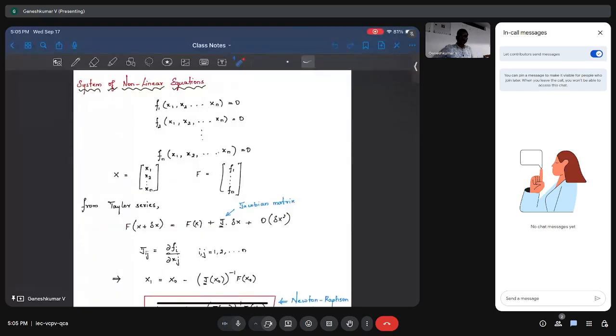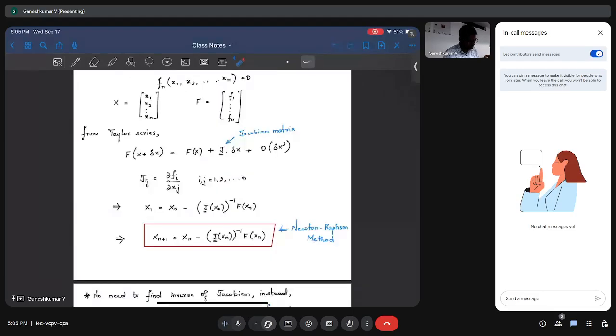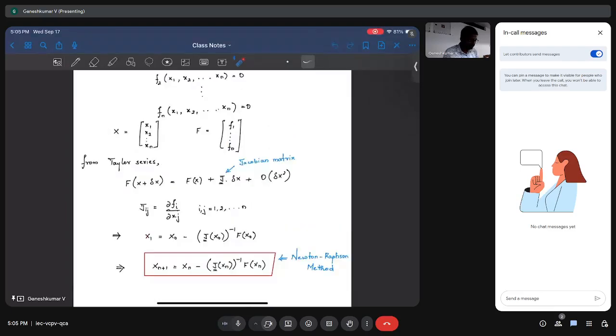Now if we have a system of nonlinear equations, if we have multiple nonlinear equations which we need to solve together, like the system of linear equations we had, now we have a system of nonlinear equations. If that is the case, then again you can do a Newton-Raphson method, but to do that you need something called the Jacobian matrix, which you can express as dou fi by dou xj, where fi is the ith function and xj is the jth unknown variable that we are trying to find out.